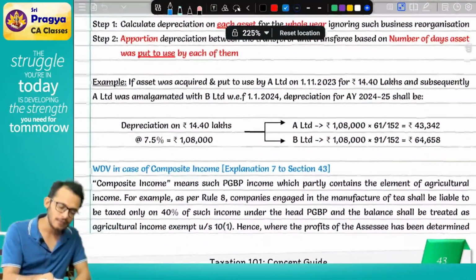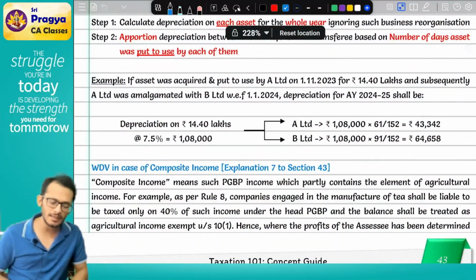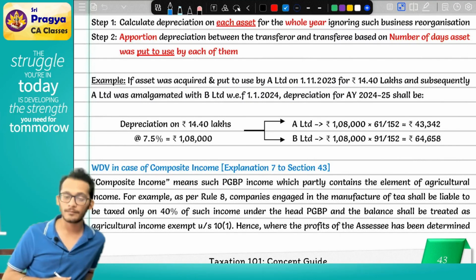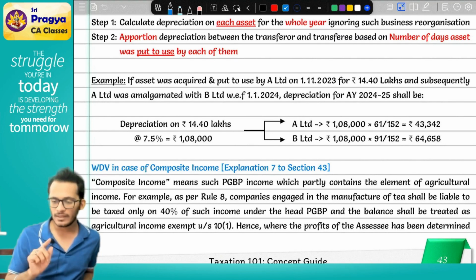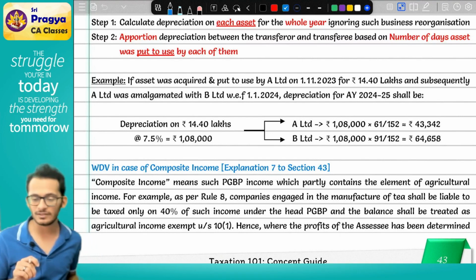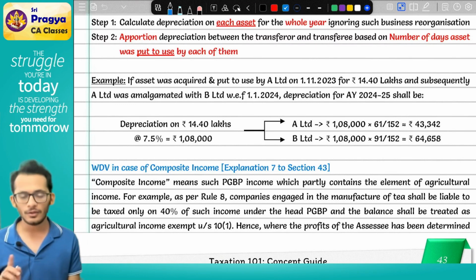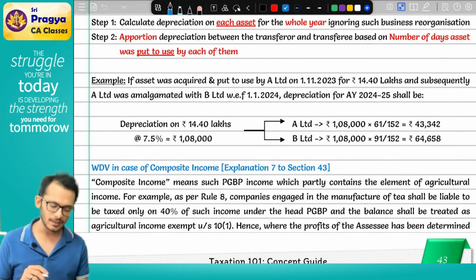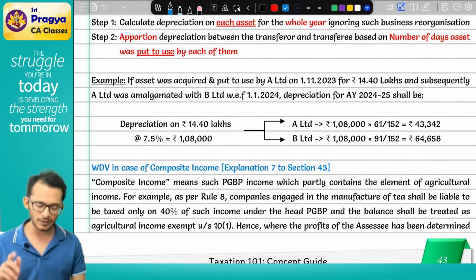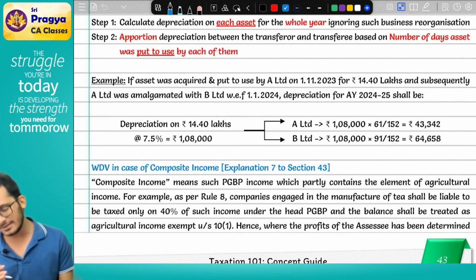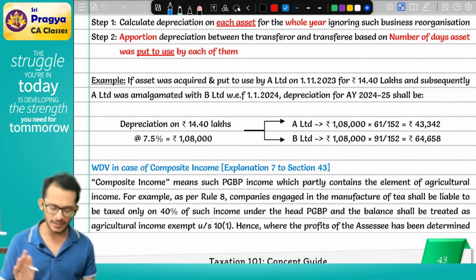It says, if an asset was acquired and put to use by A Limited on 1st November. Question to you: the moment the asset is put to use on 1st November, will you get 50% depreciation or 100% depreciation? You will get only 50% depreciation. Keep that in mind. There is an asset worth 14.4 lakhs, put to use for less than 180 days.